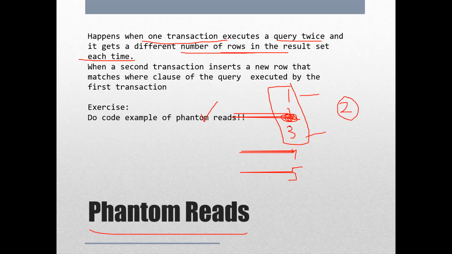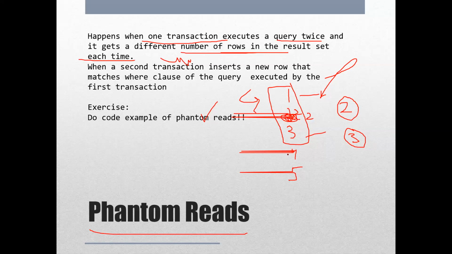During that transaction, maybe it was waiting for something, and some other transaction came and inserted a value of 2. Now when I run that query from 1 to 3 again, I get 3 results instead of 2. You got the point? This problem is called the phantom reads problem. I hope everyone is good with it.